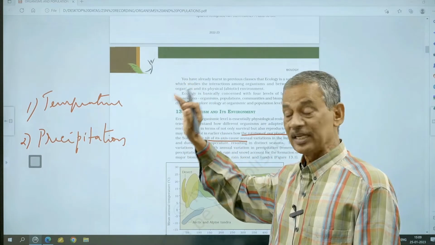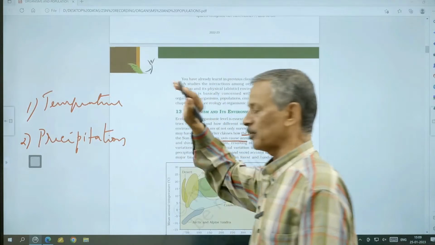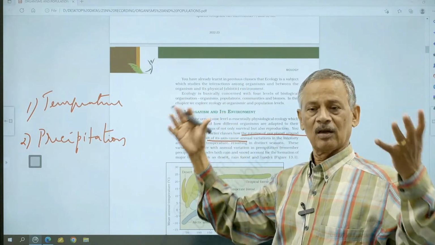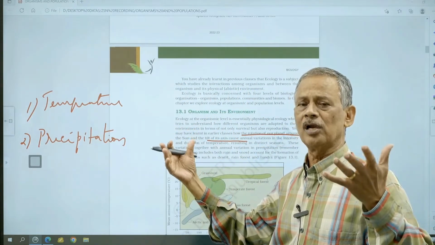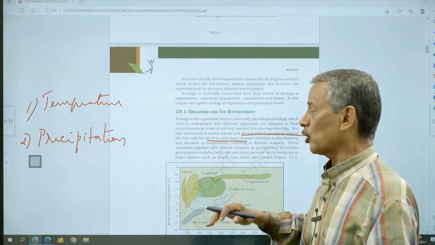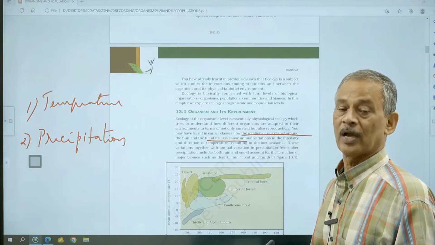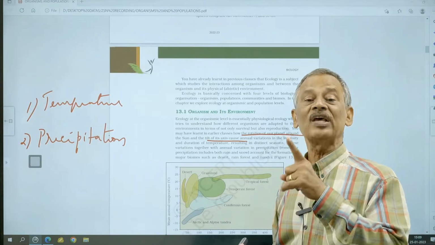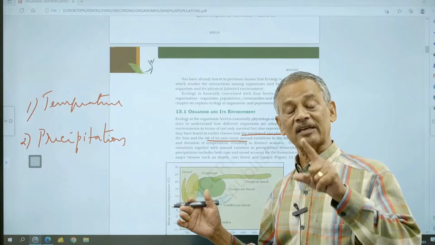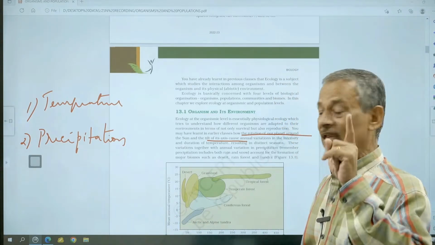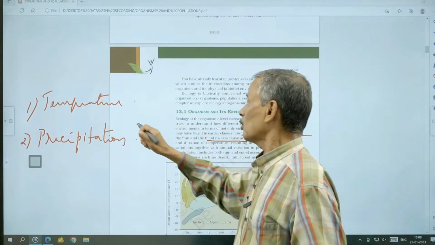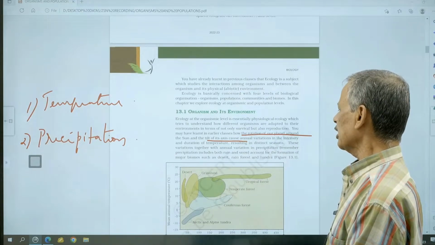And it is the changes in temperature and precipitation that is occurring on different parts of the world that is responsible for different types of biomes in this world. I told you that biome is a large area that is characterized by a particular climate. That climate is mainly controlled by changes in the temperature and precipitation.